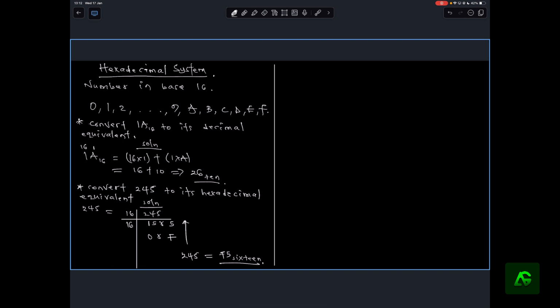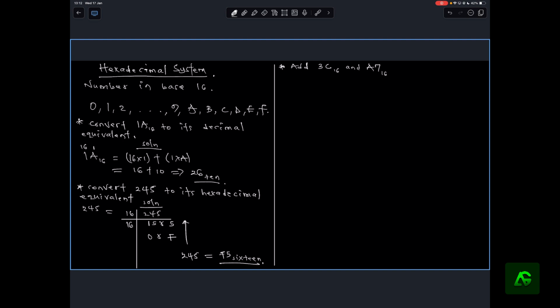Now let us look at some addition and subtraction questions under this numeration. Another question says add the hexadecimal number 3C in base 16 and A7 in base 16.